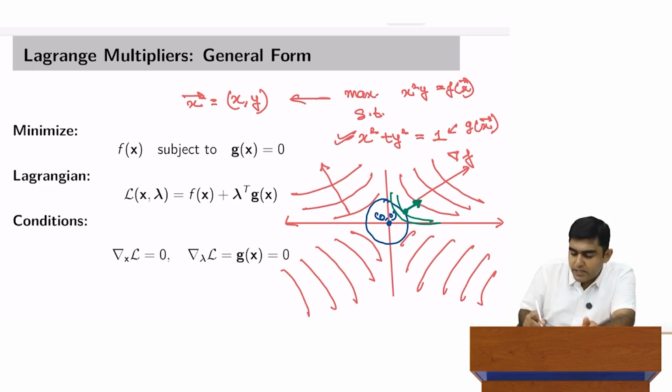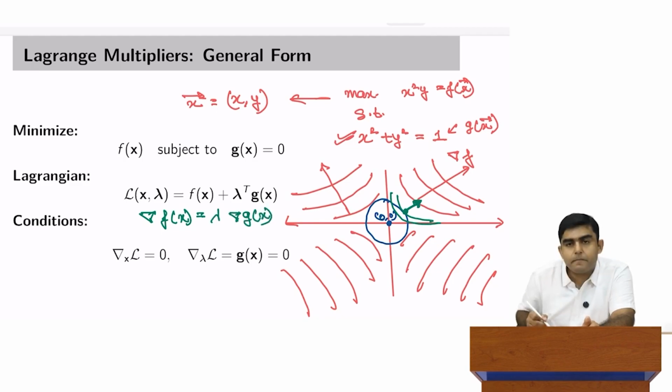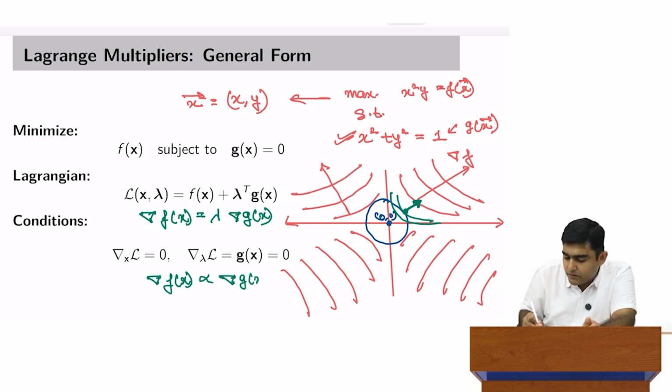That is, when you take the gradients with respect to x and equate it to 0, you are essentially saying that gradient of f of x is indeed equal to lambda times gradient of g of x, or gradient of f of x is proportional to gradient of g of x. That means they are aligning in the same direction.